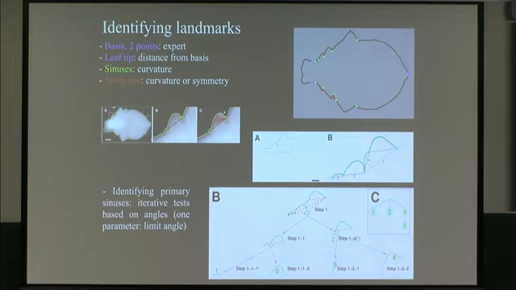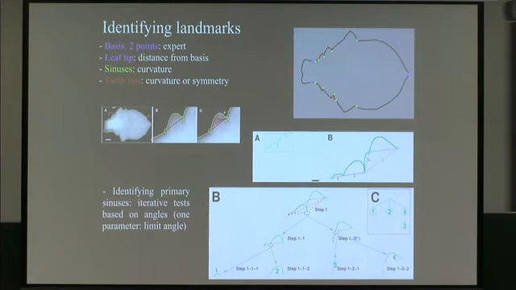So we need to know that this landmark does not belong to the first tooth. Based on the angles between the teeth, if this was the first and this was the second, this angle would be shallow. So based on the angles, we can define whether the teeth belong to the first hierarchy or to second order.